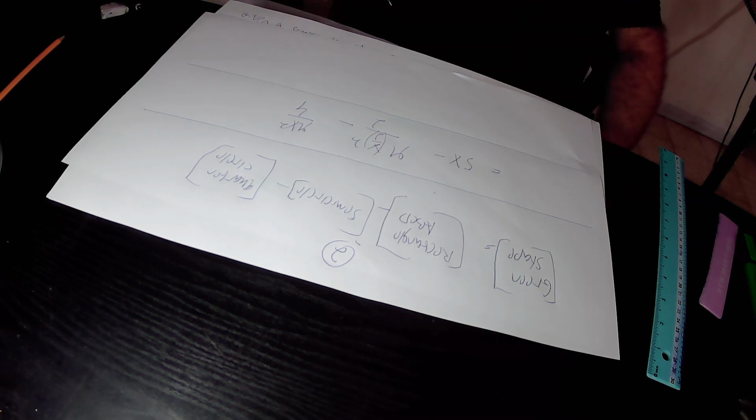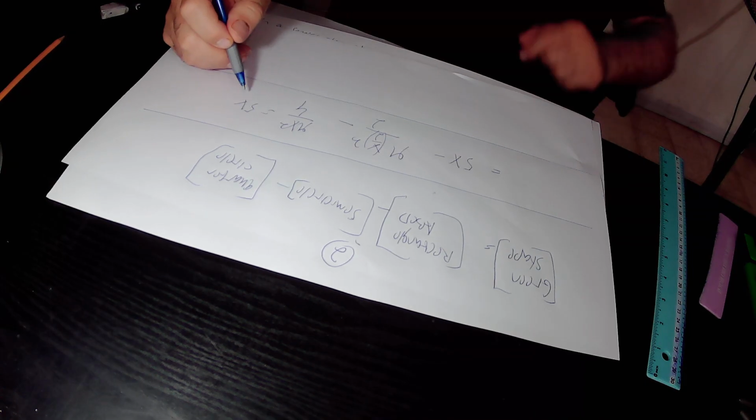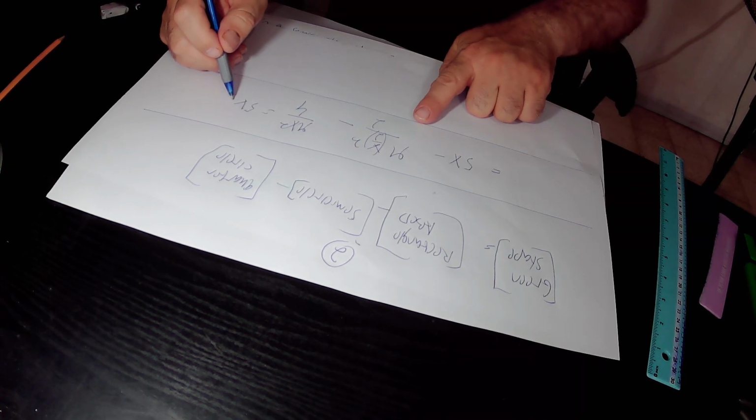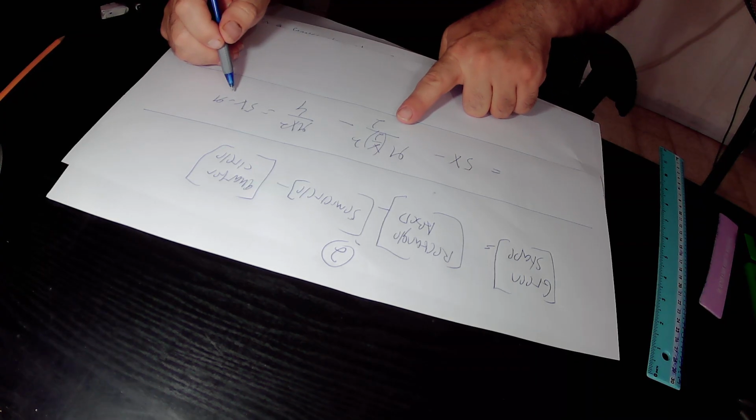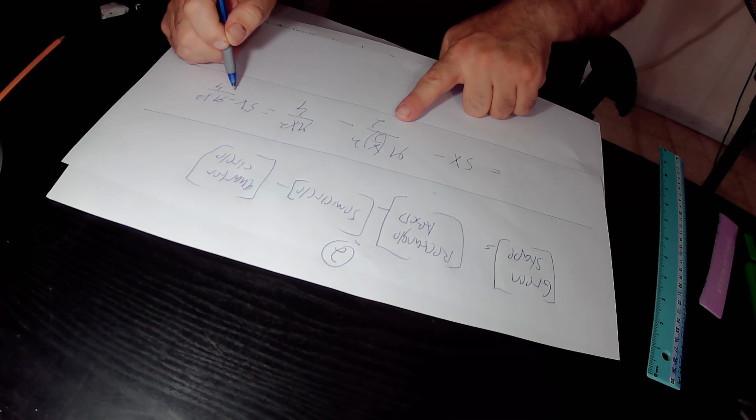So the area of the green shape in total equals to 5x. Here we have minus pi times x over 2 squared, which is x squared over 4, divided by 2.